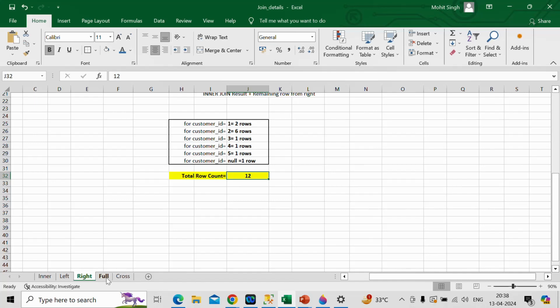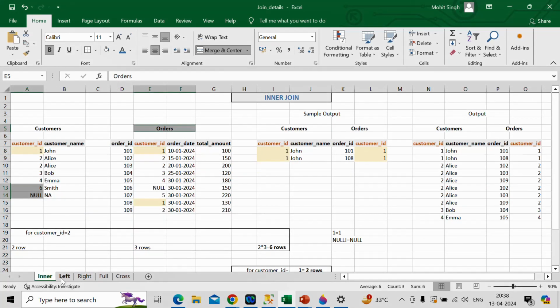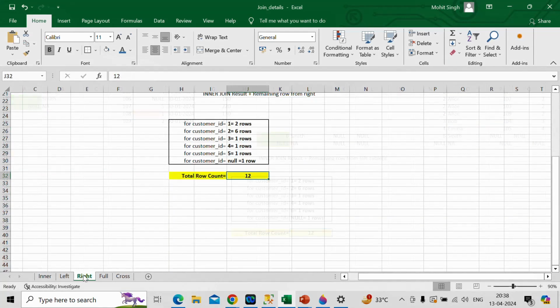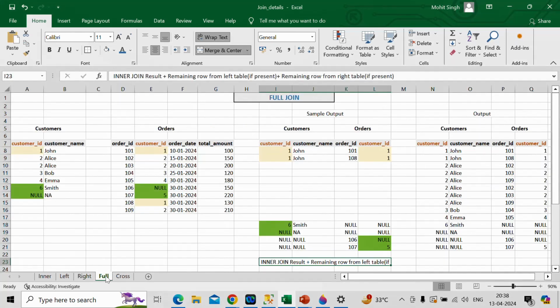Okay. Now, if you have understood the inner, left and right concepts, it is very easy to understand full join. Full join is nothing but inner join plus remaining of left plus remaining of right. Okay, so that will behave as full join. So inner join we have already understood.